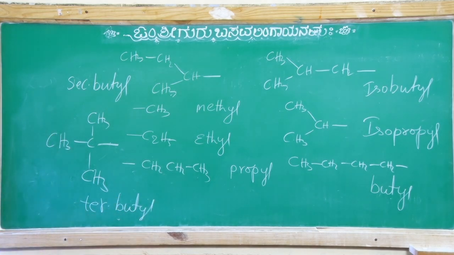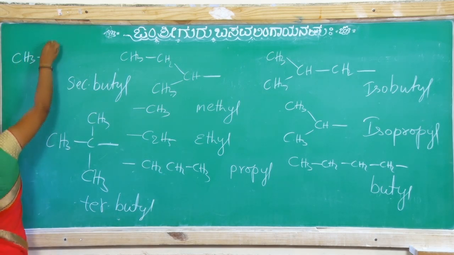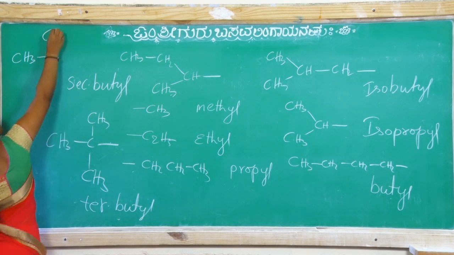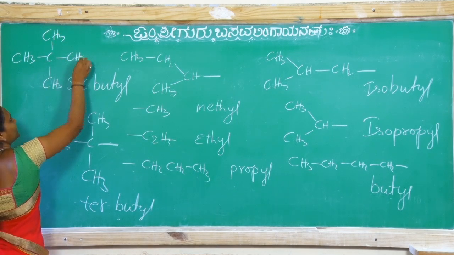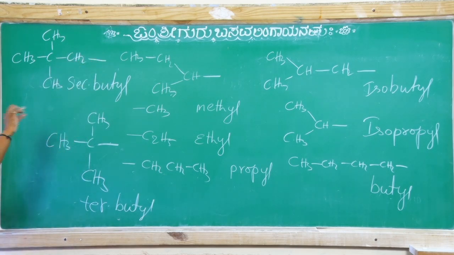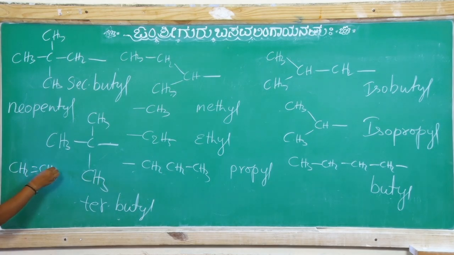One more branch here. CH3, C, CH3, CH3, CH2. Like this one branch attached. Then this branch name neopentyl. CH2 double bond CH. Like this one branch attached. This branch name vinyl.